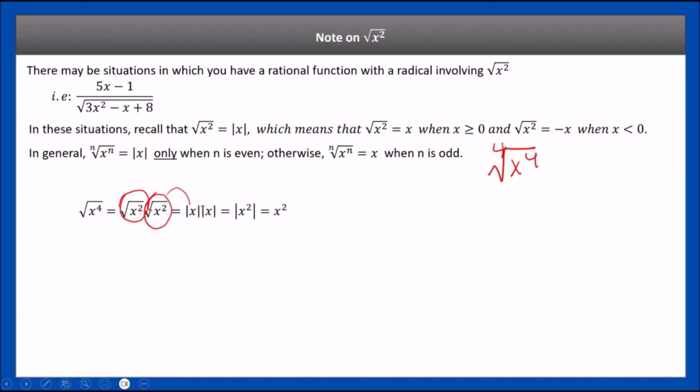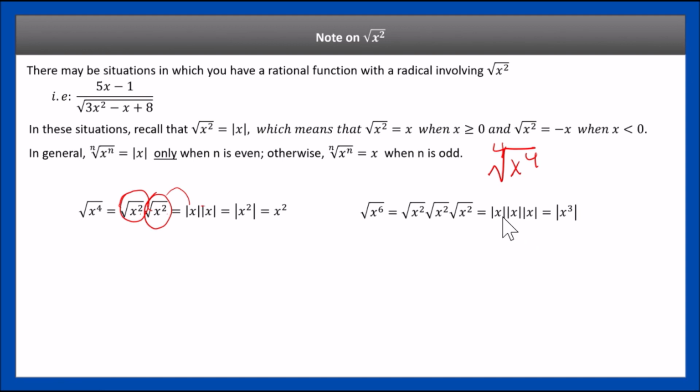All right, so let's look at another example of that. If we had an example like x to the sixth, now it does matter, because we need three x squareds to get x to the sixth power, right? x to the second, x to the second, x to the second. If you add those exponents, you get 6. Each of these turns into an absolute value.